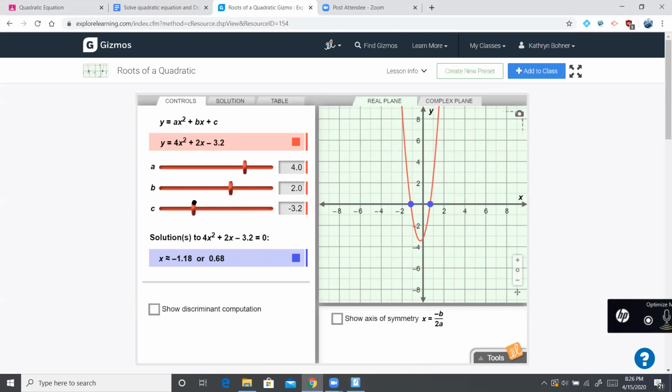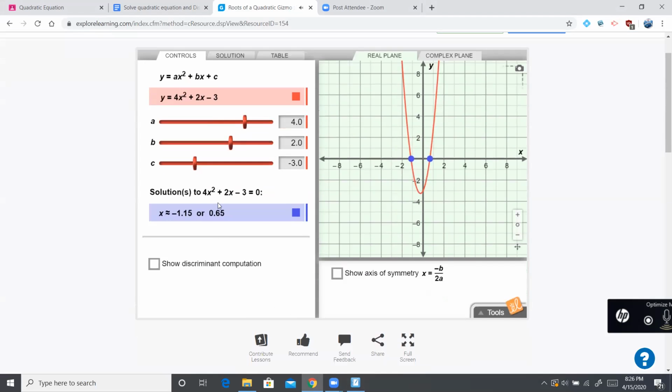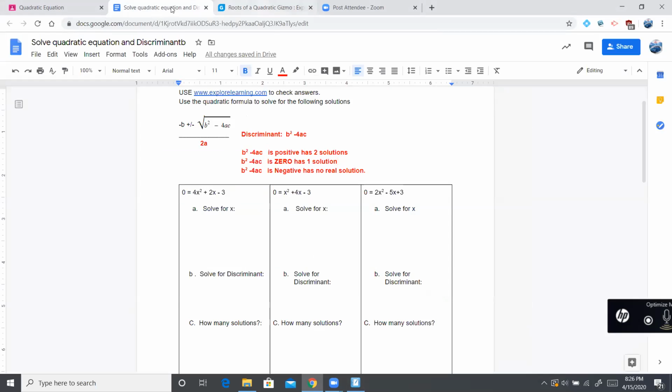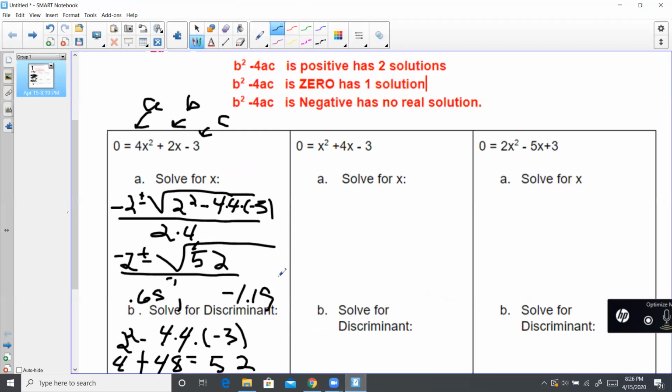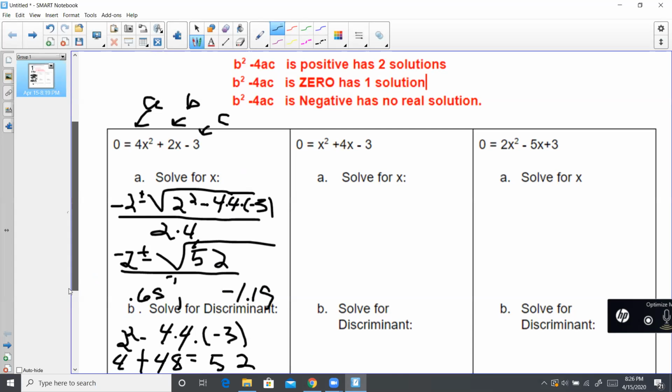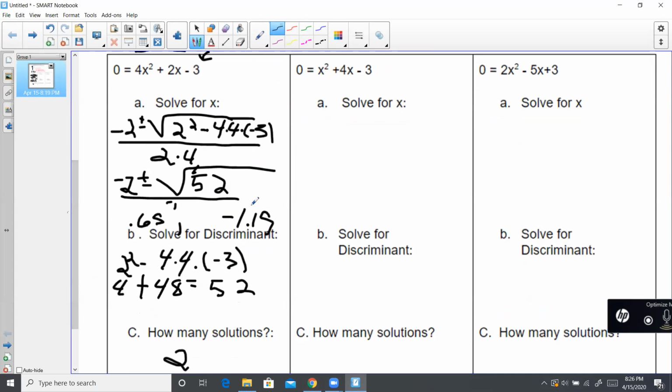Okay, here are our solutions. That's what we came up with, right? When we look back here, 0.65 and the -1.15, and then the discriminant we got was a 52. So there is our 0.65, -1.15, and there is our 52.